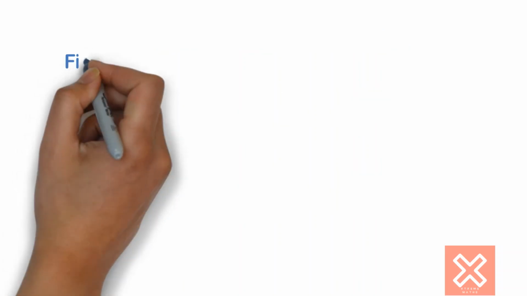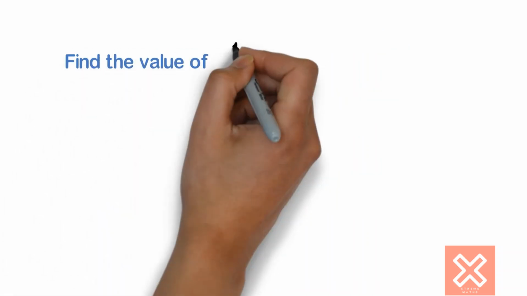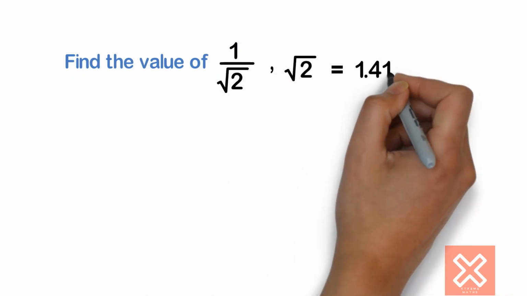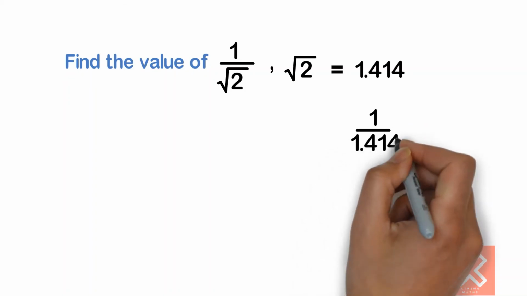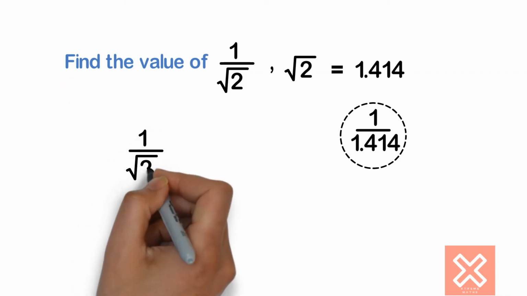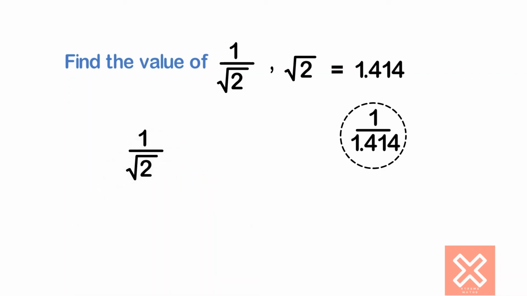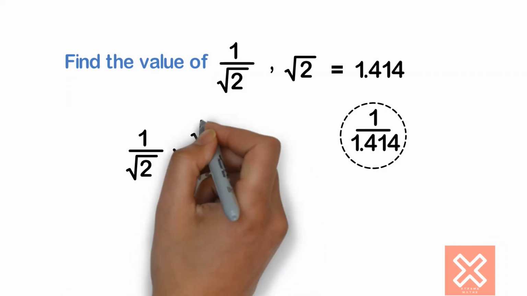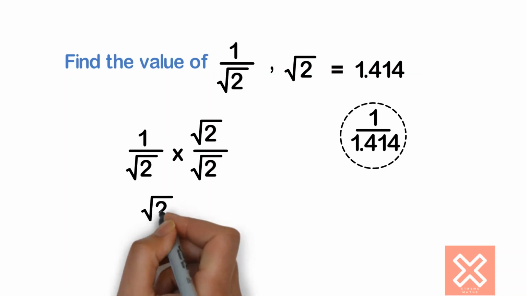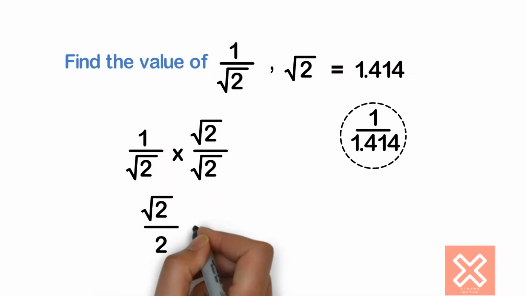Now we are going to find the value of 1 over √2 by using the knowledge of surds. If you do it with 1.414, without using a calculator, it will be a little difficult for you. But we will do it like this. First, rationalize the denominator: multiply below the line by √2 and over the line also by √2. √2 over √2 times √2, which is 2.